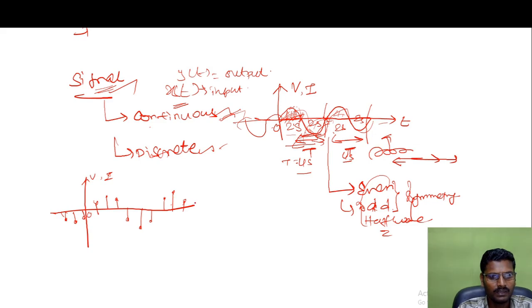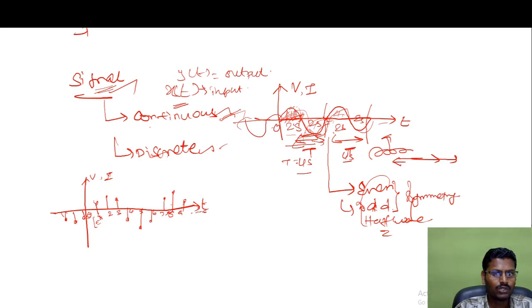V and I on the y axis, and this is T on the x-axis. Now look at here. At T equal to 0, the signal is 0, and at T equal to 1, let us assume the time intervals 6, 7, 8, 9, etc.